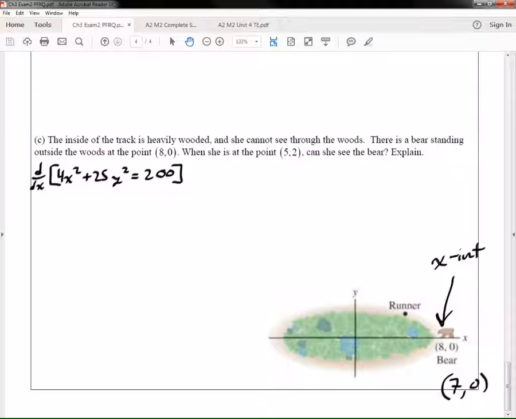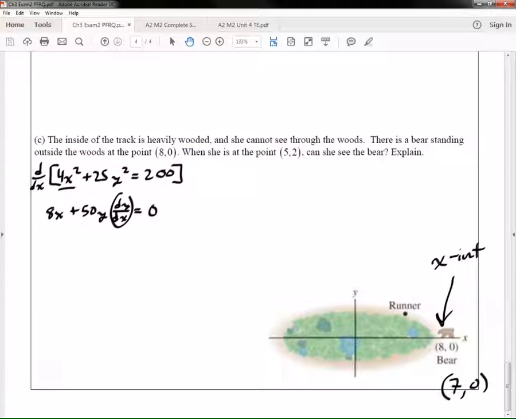Okay, I'm going to stick with dy over dx. So take the derivative of this. It's going to be 8x, and I don't have to multiply it by dx over dx. dx over dx is 1 anyways. Then we have 50y times dy over dx, or you can write y prime, equals 0.